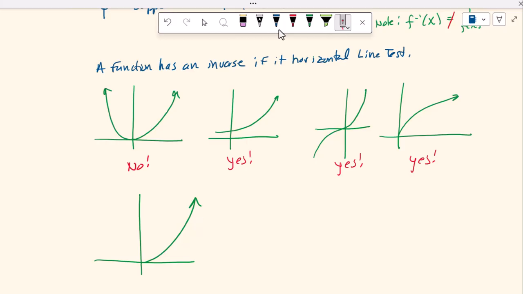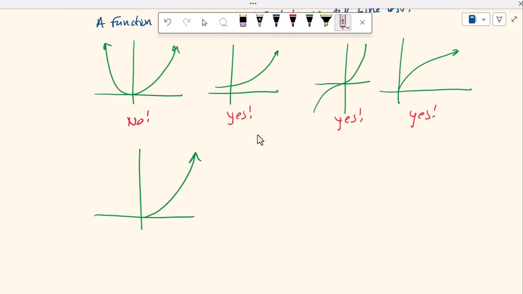So I can turn the no into a yes by restricting the domain. So this is a graph of y equals x squared, and what I'm going to say is I only want to look at this when my x values are between 0 and infinity. So when I do that, now it is a yes, the inverse exists. So by restricting the domain, now I have an inverse.